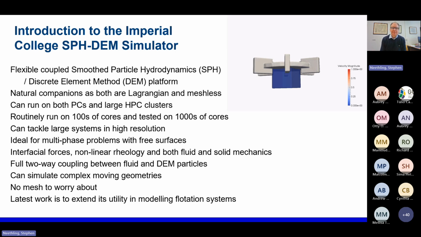At the same time, I also implemented a discrete element method within it, and these go naturally together because they're both Lagrangian. So two Lagrangian systems work well together. And I also deliberately implemented it to run in parallel. So I can run this on my PC.